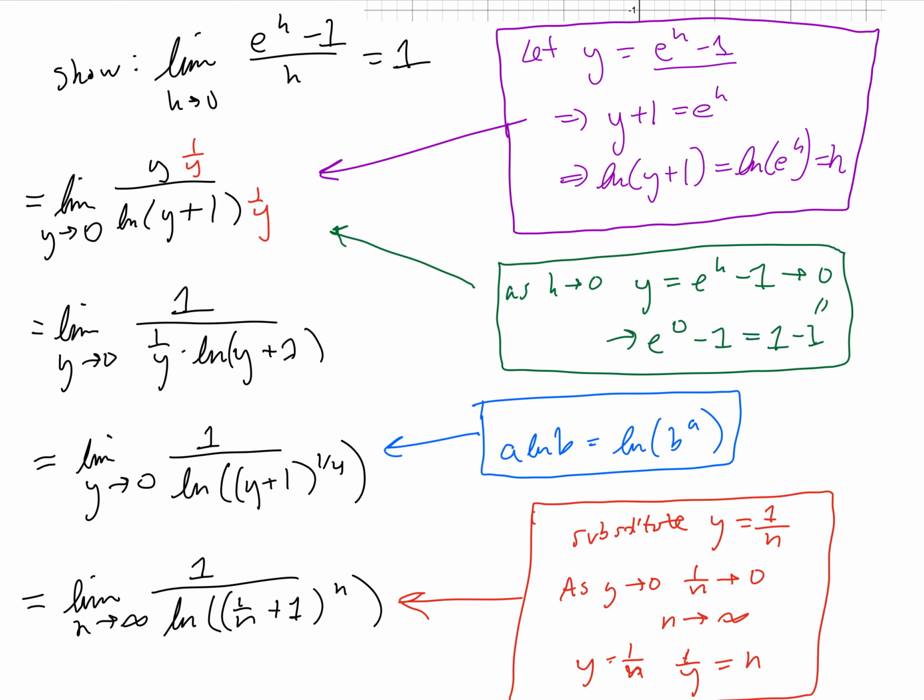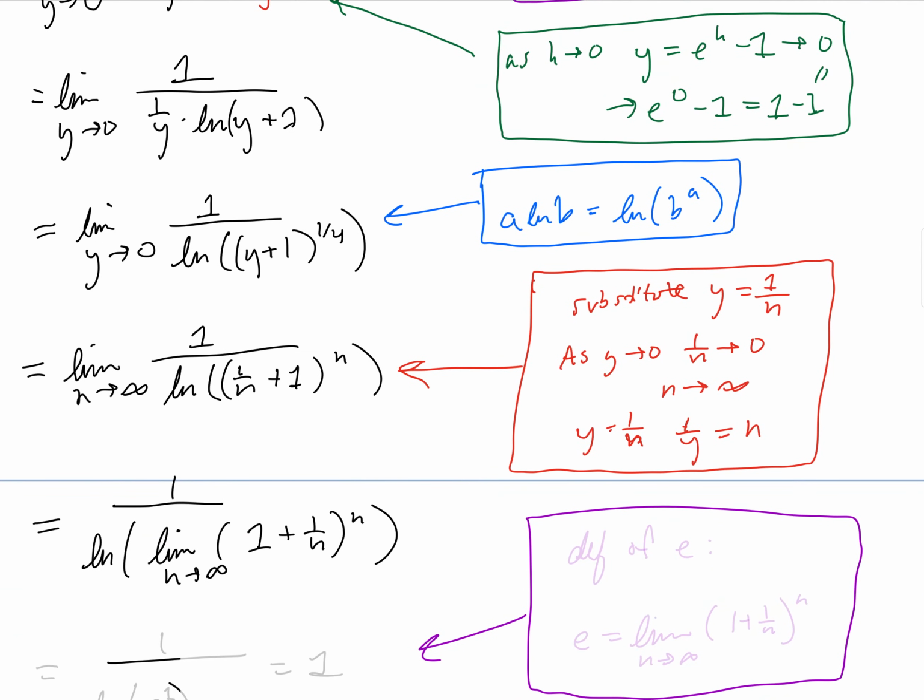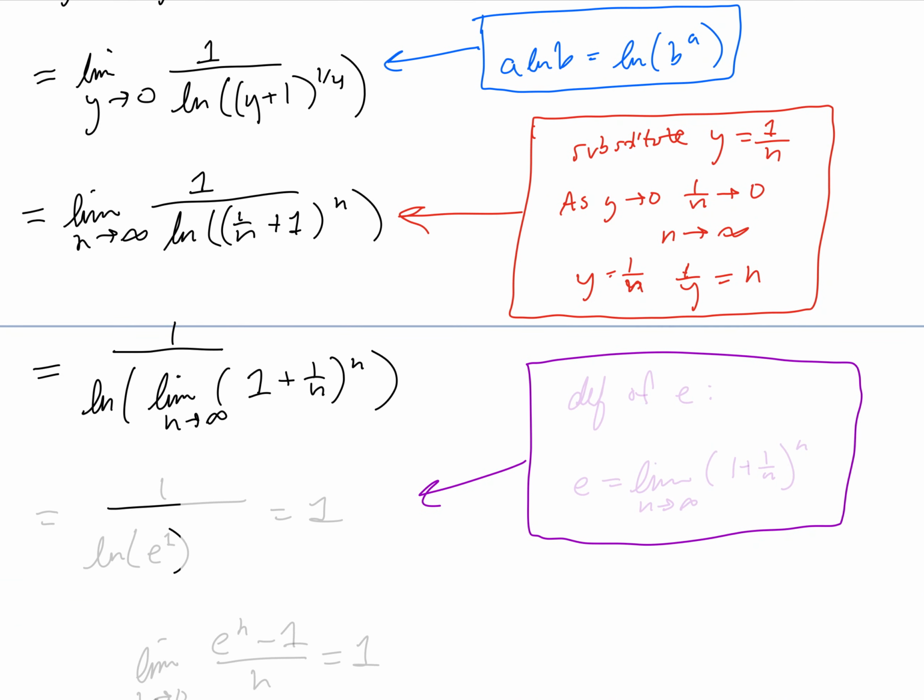We know that this is equal to 1 over the natural log of the limit as n goes to infinity of (1 + 1/n)^n. We know from properties of limits that we can take the natural log outside of it, we can take the 1 over outside of it, so we're just dealing with everything that's actually changing, everything that has an n in it. And what is that?